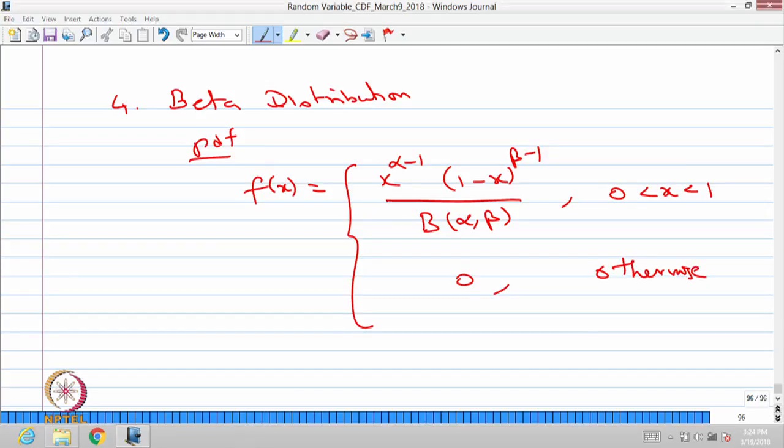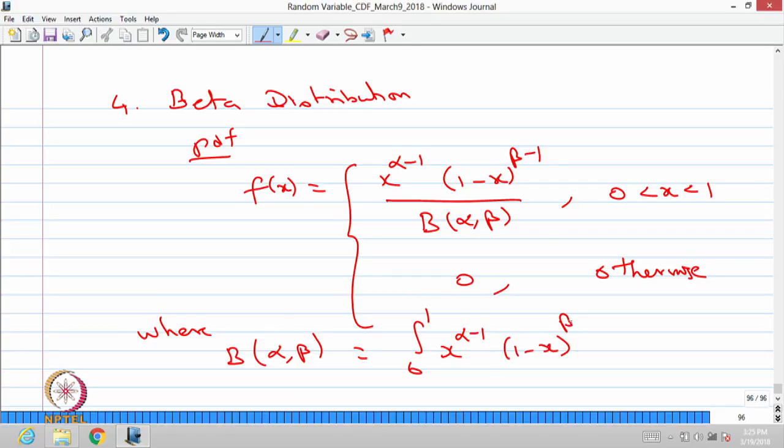where the beta function of alpha comma beta is nothing but the integration from 0 to 1 of x power alpha minus 1, 1 minus x power beta minus 1 dx.